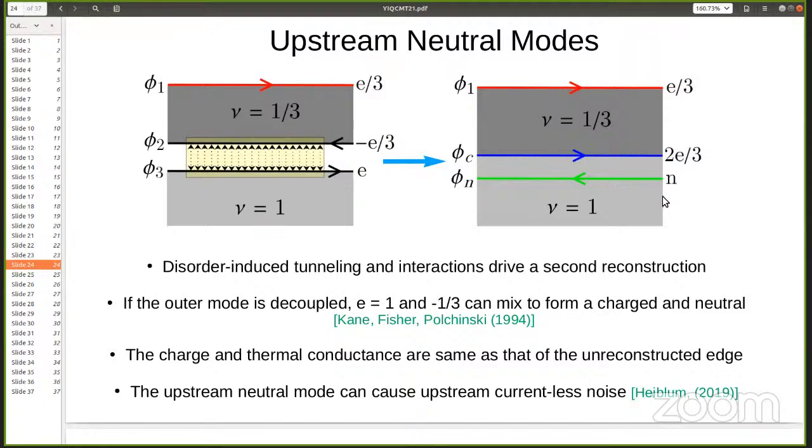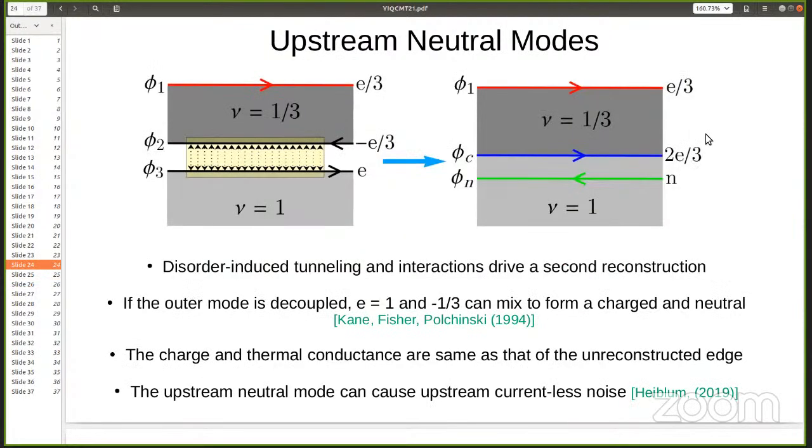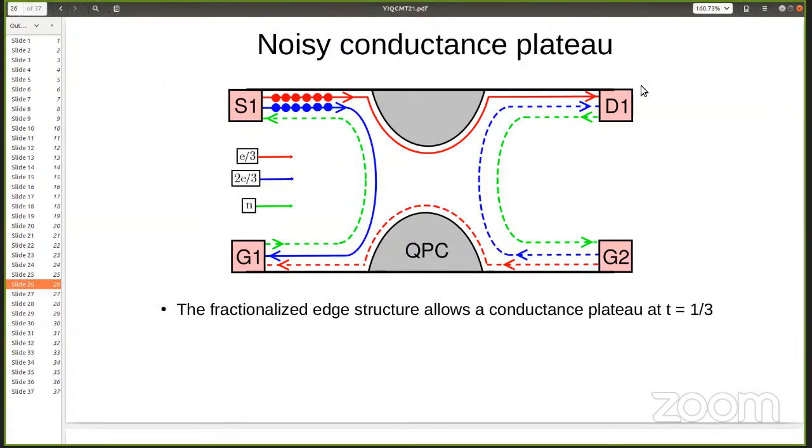This neutral is some kind of a dipolar mode, and using this kind of an edge structure, you can explain the results of the high Bloom experiment, not just the fractional plateau, which is I guess very easy once you have the E/3 mode, but also the Fano factor of 1.